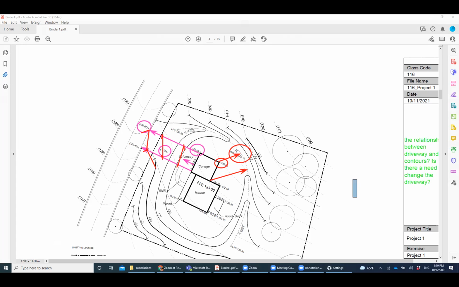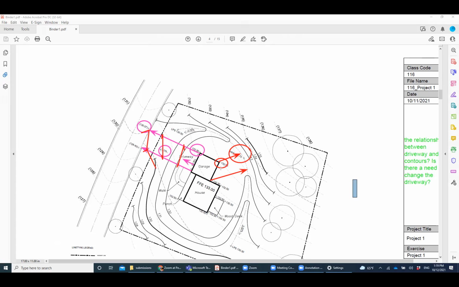If you feel that your swale concept works, you want to change the garage first, you can change the corners and FFEs and recalculate the driveway.